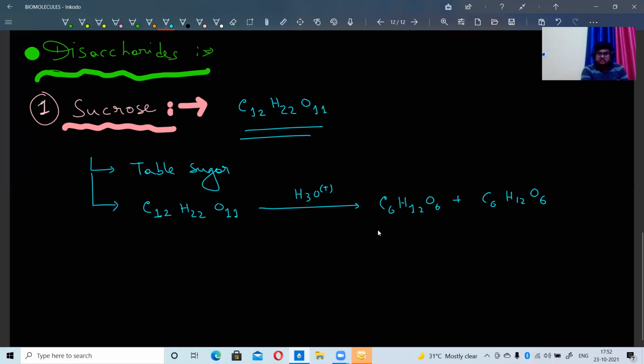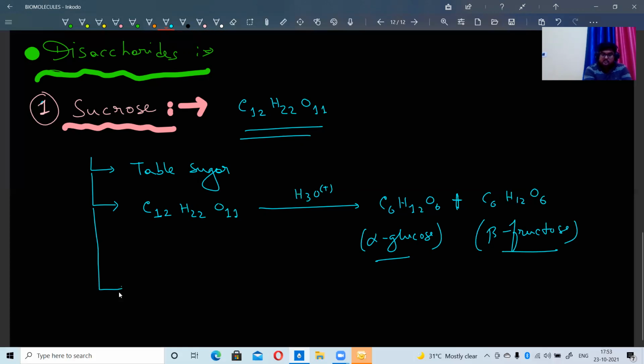So we get alpha glucose and beta fructose. In this case, the rotation is dextrorotatory, which means positive rotation takes place.